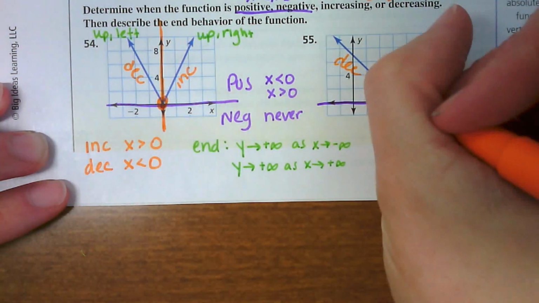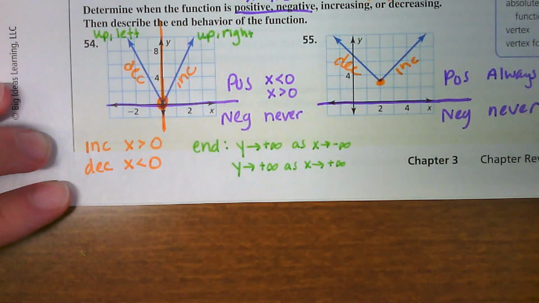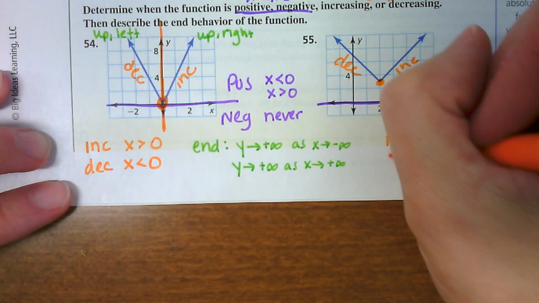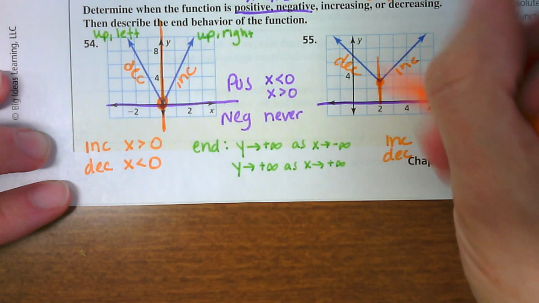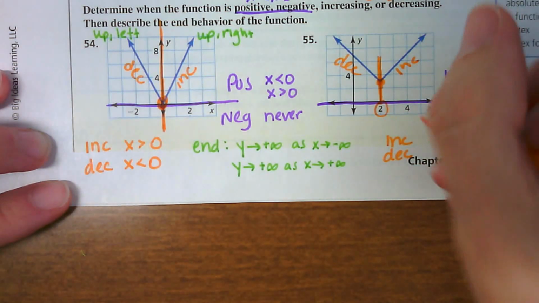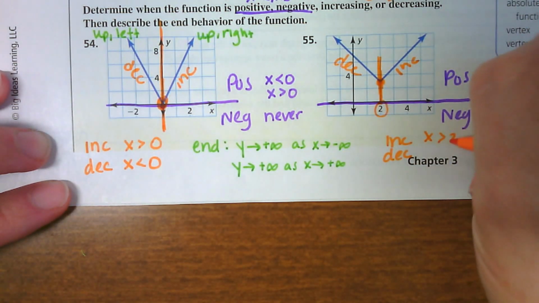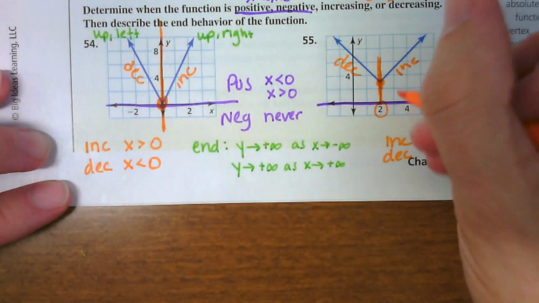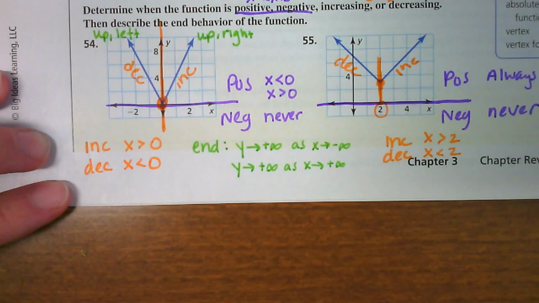This side's decreasing, it turns around right here, and this side's increasing. Right here, this is an x value of 2. So it's increasing to the right of 2, when x is greater than 2. It's decreasing to the left of 2, everything less than 2.